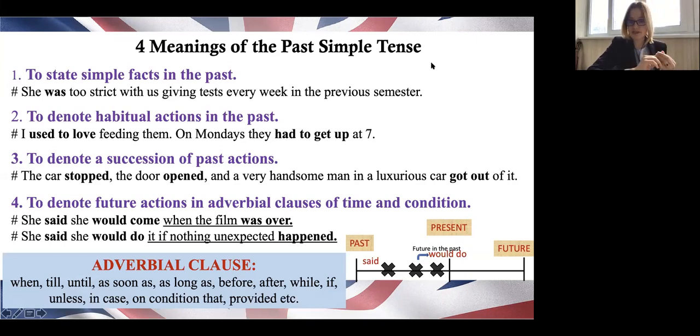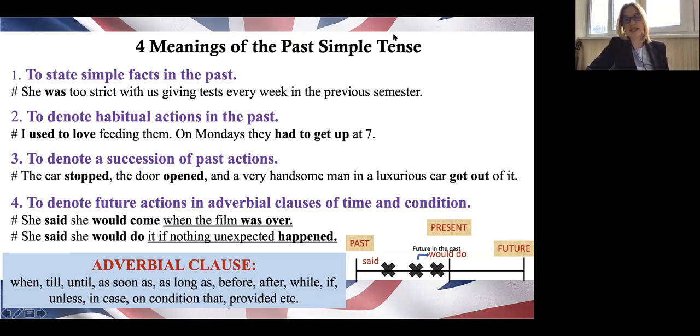First of all, we have several actions such as stopped, opened, and also got out. So 3 actions, they are enumerated in one sentence, not in 2 sentences, but in one. And that's why we call it the succession of past actions. If we speak about the past and we have the enumeration of these verbs, of these actions in the sentence, feel free to use the third meaning to denote succession of past actions.